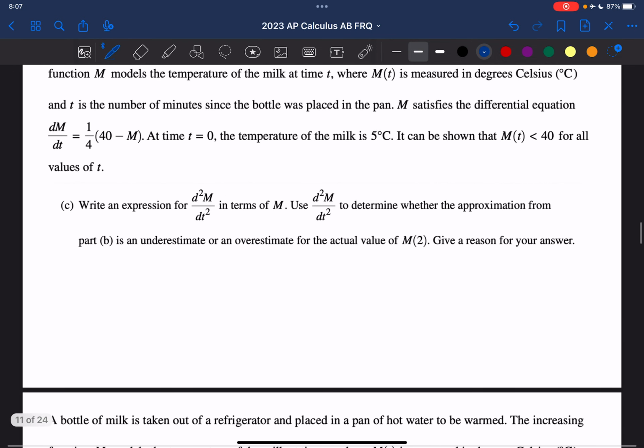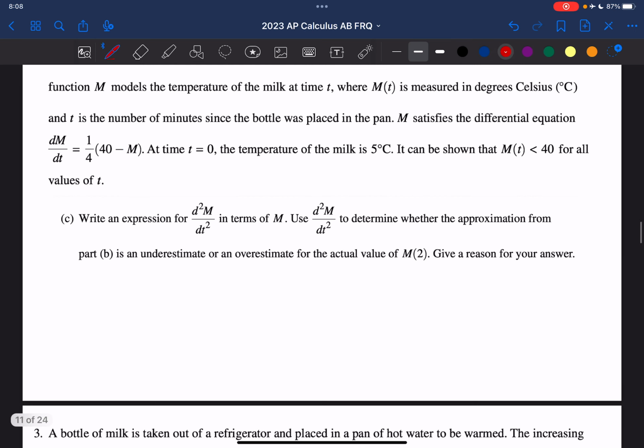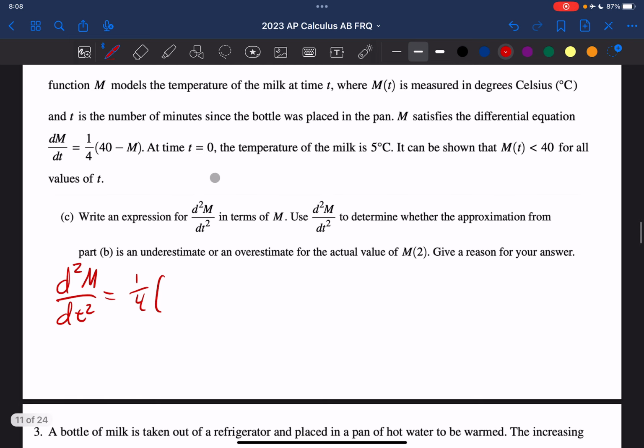Now part C says, write an expression for the second derivative, d2m over dt squared. So we're going to take this differential equation and find the second derivative. So d2m over dt squared equals 1/4 times, now this is a multiplication coefficient, so it hangs on for the ride. 40 disappears, and then we get negative dm over dt.